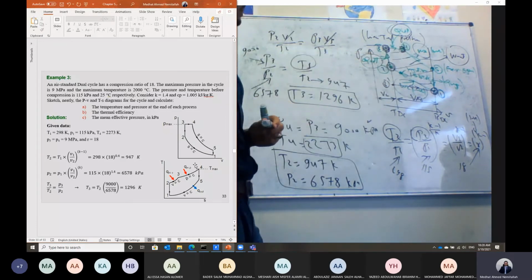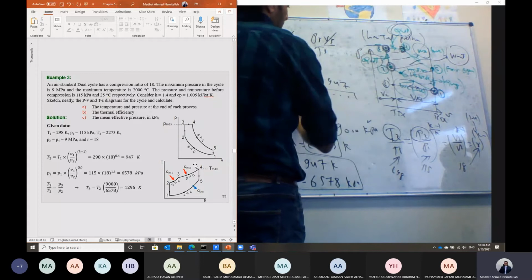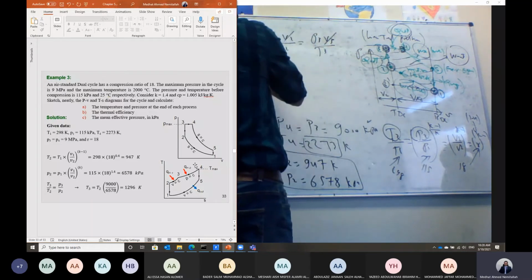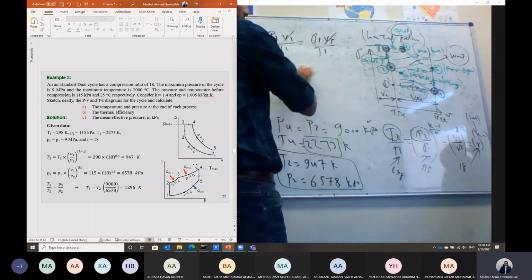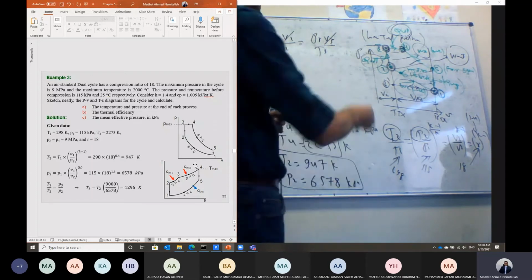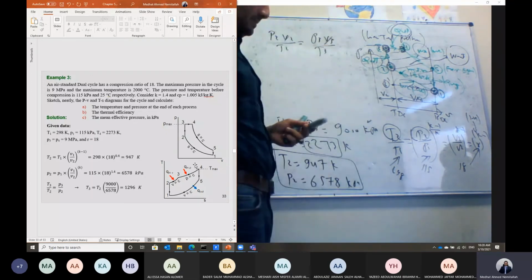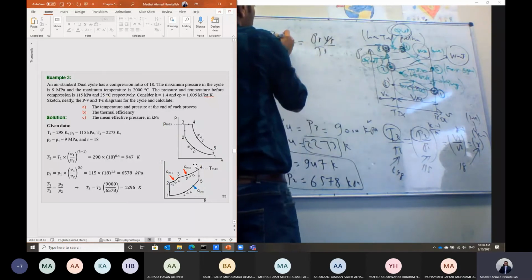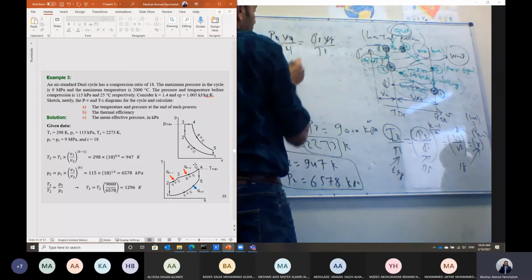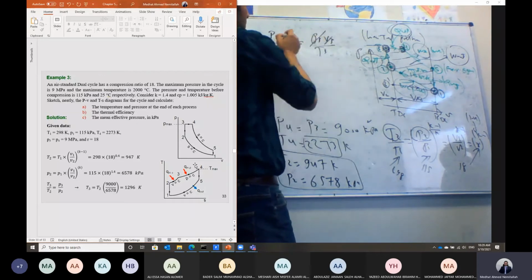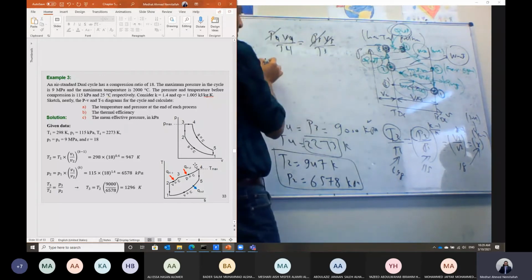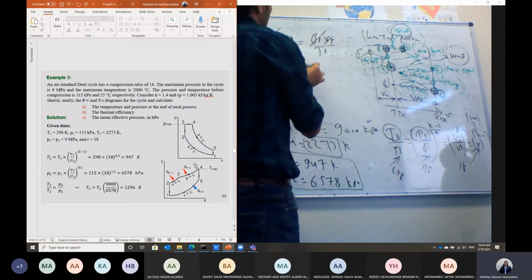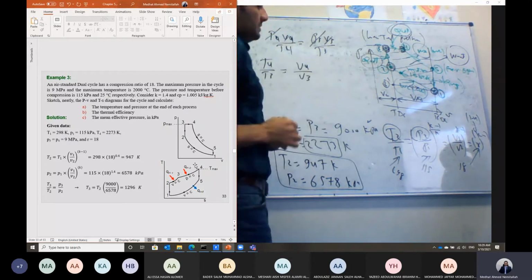So can we get the temperature T4? How can we get it? From 3 to 4, it is constant pressure. So it will be the same relation here. That will be V3 over T3 equal to V4 over T4. But we have P3 the same as P4. So we can say T4 over T3 will equal V4 over V3.